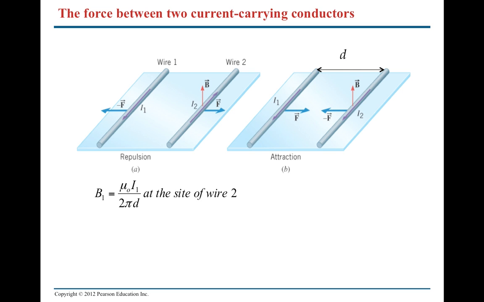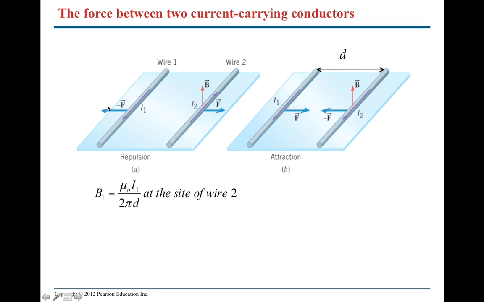Okay, the next thing that we wanted to do was to look at the force between two current carrying conductors. So if I have a conductor that is carrying some current, and another conductor carrying some current, we know from the example that we just did that there will be some force on any of the wires.